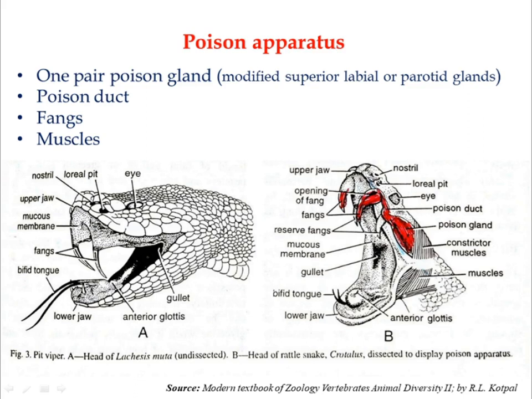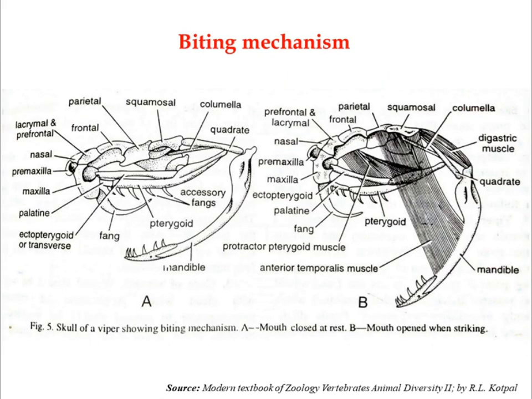Maxillae is the bone present on upper jaw of the snake and are grooved along its posterior border. So this is the posterior border. Here they are grooved. So we have discussed three types of fangs, that is solenoglyphous, proteroglyphous and opisthoglyphous. Now we will discuss about the biting mechanism of venomous snakes.